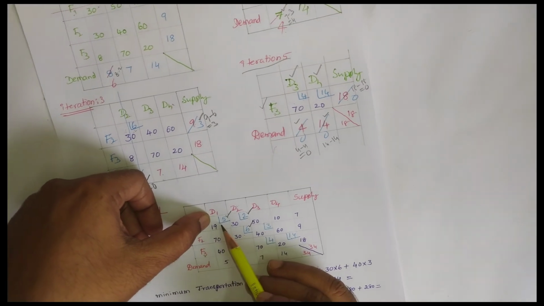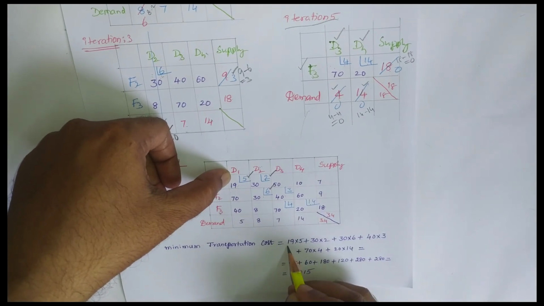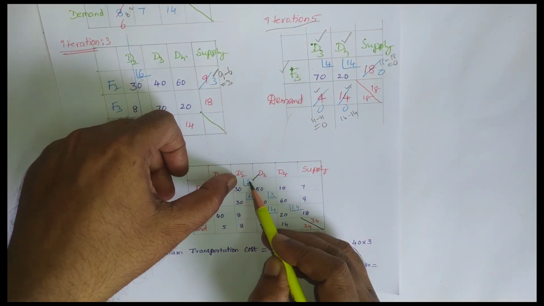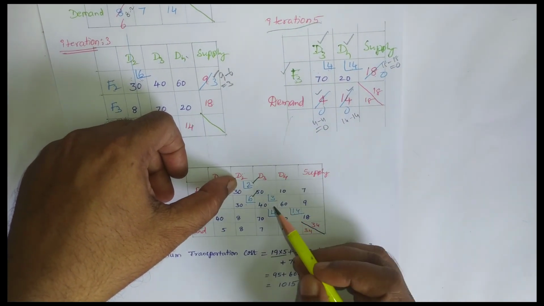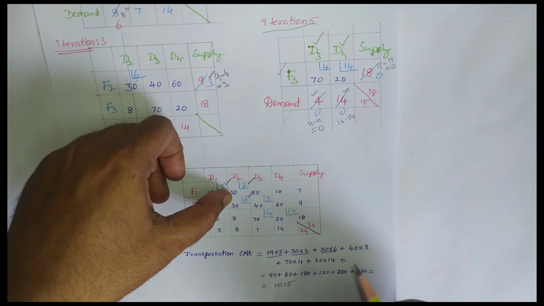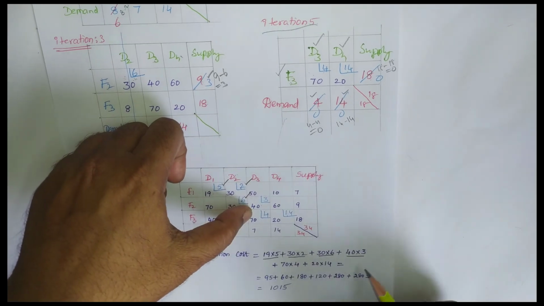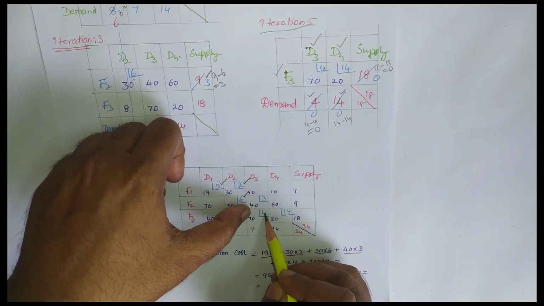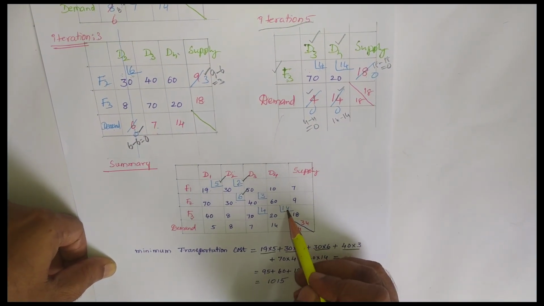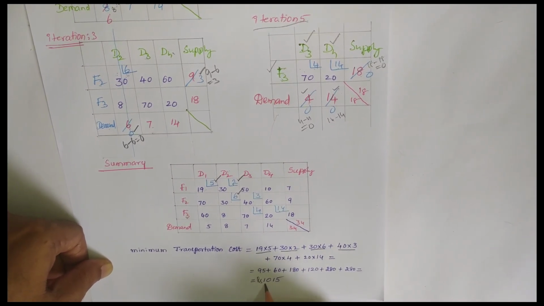So the total cost is 19 multiplied by 5 units, plus 30 multiplied by 2 units, plus 30 multiplied by 6 units, plus 40 multiplied by 3 units, plus 70 multiplied by 4 units, plus 20 multiplied by 14 units. Total transportation cost is rupees 1015.